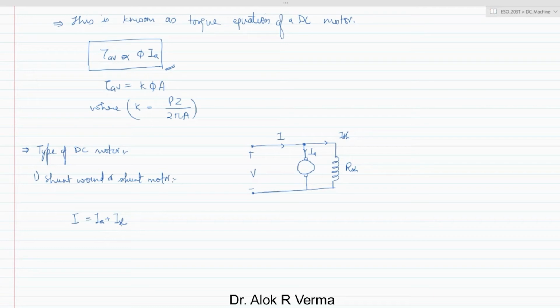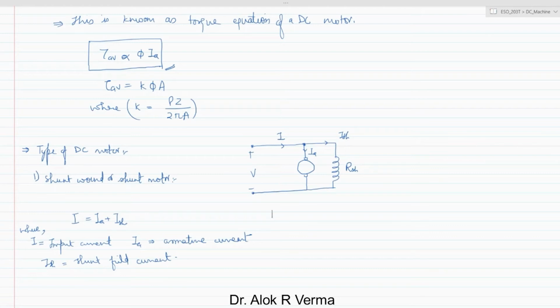So this is the current balance between the input current, field current, and the armature current.